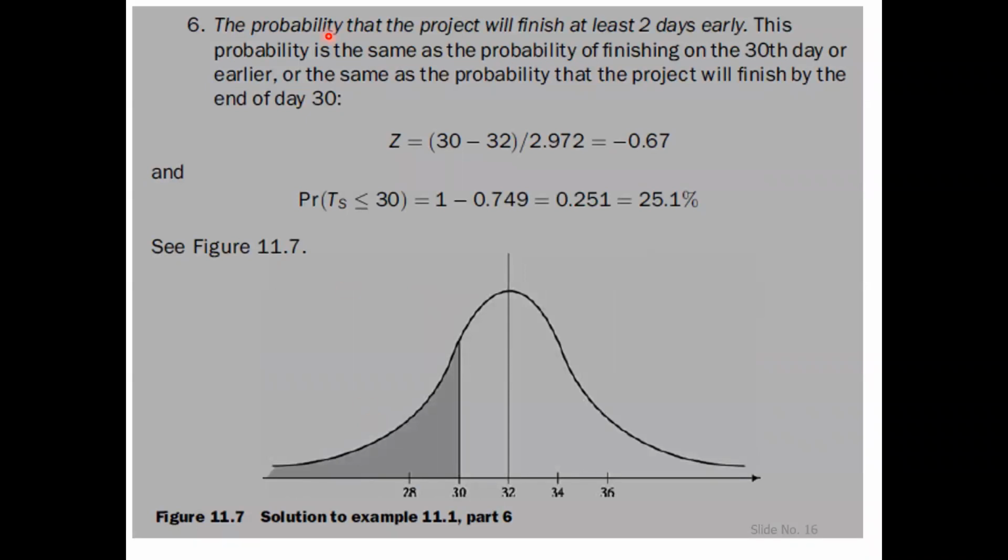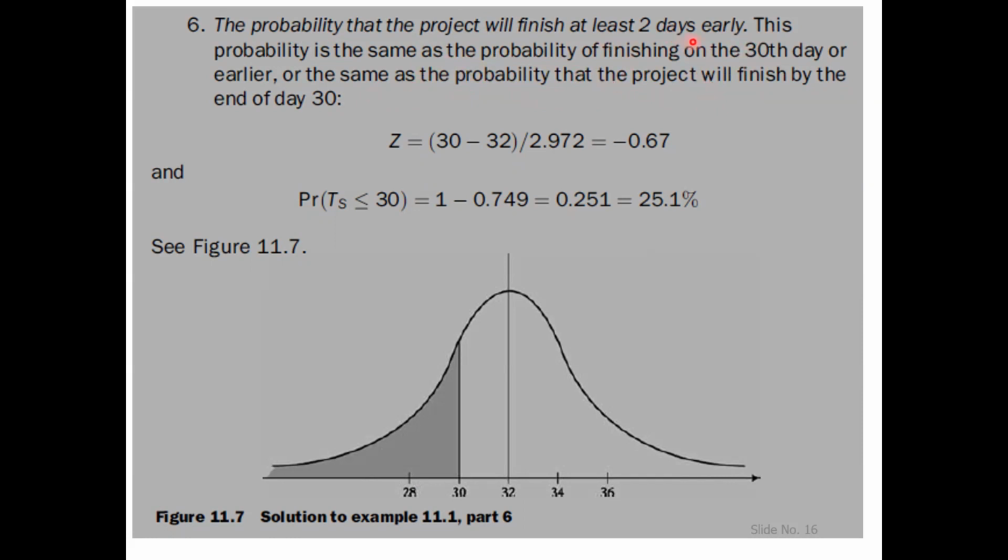Next is question number 6. The probability that the project will finish at least 2 days early. What does at least 2 days early mean? It is the same as the probability of finishing the project on the 30th day or earlier, or the same as the probability that the project will finish by the end of day 30.